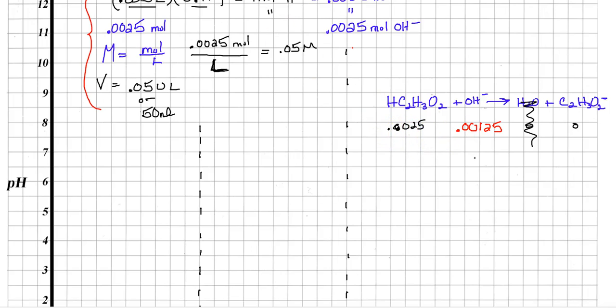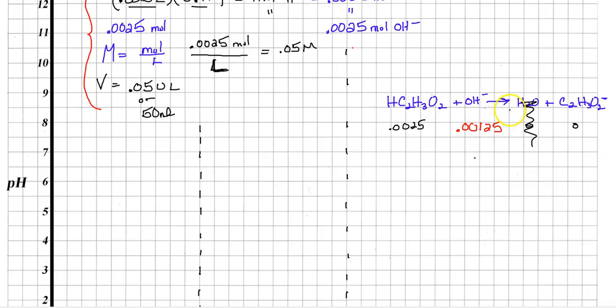Don't forget, the original amount of moles in my beaker, which is the acid, is 0.0025. So we can see that by cutting this number in half, I've got a much smaller number here.